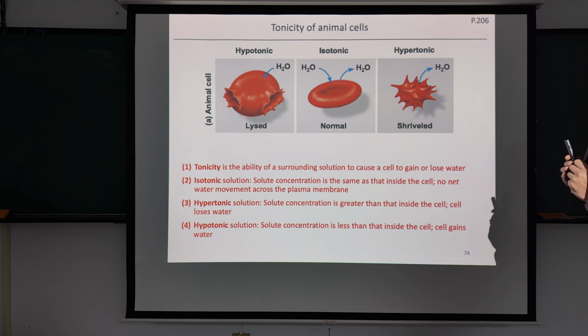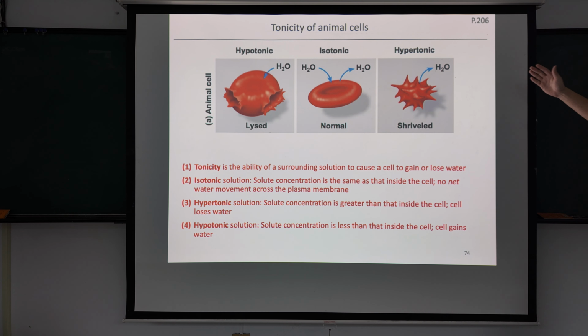Sometimes the cell will encounter an isotonic solution, 等张压力, which means the substance outside the cell and inside the cell are comparable. So there is no net movement of the water going out or in the cell. So the cell will keep the normal shape.